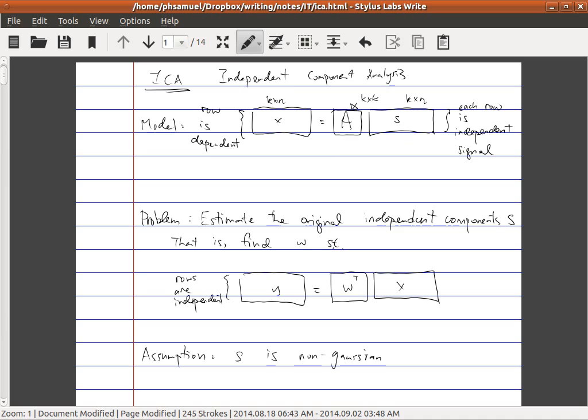And so the goal is basically we want to find back these independent components S, and we assume the whole thing is linear, so we are able to decompose this linearly.